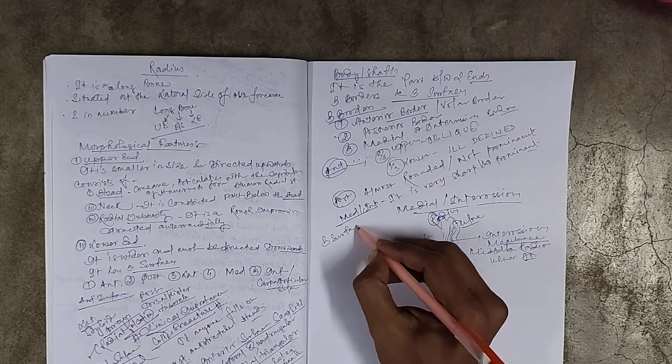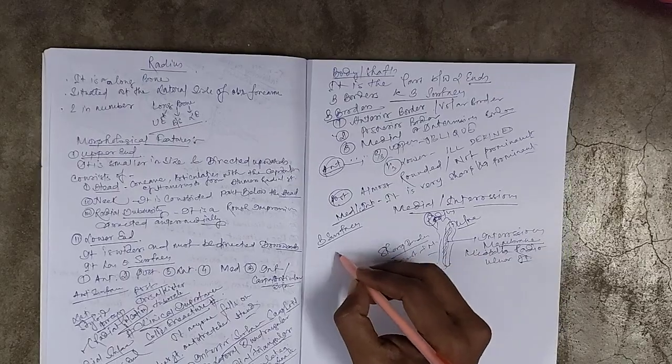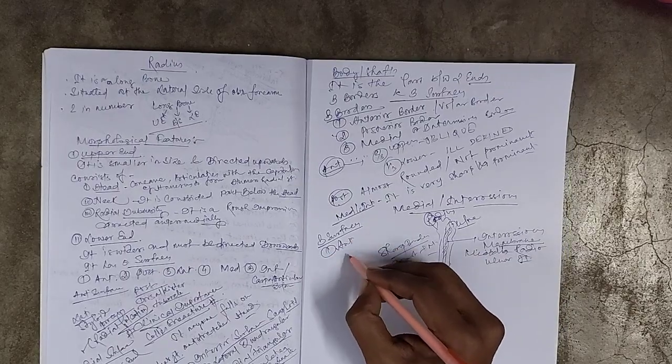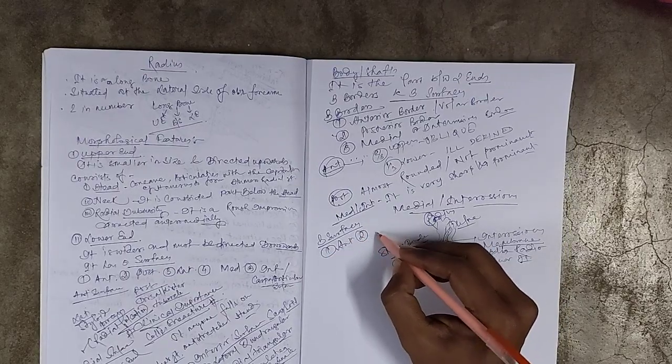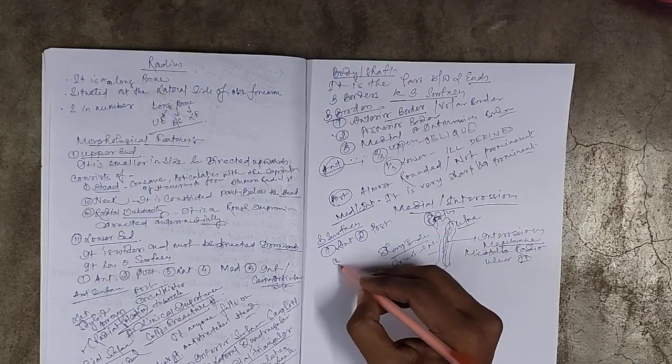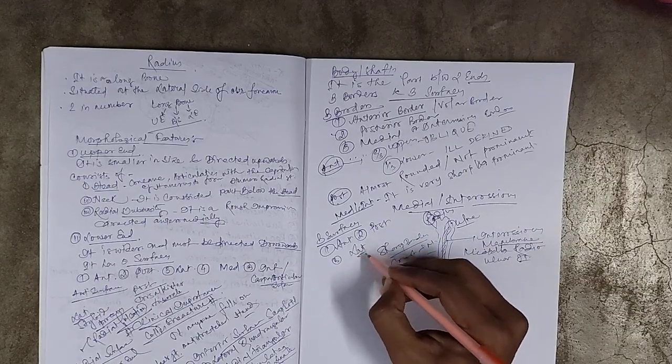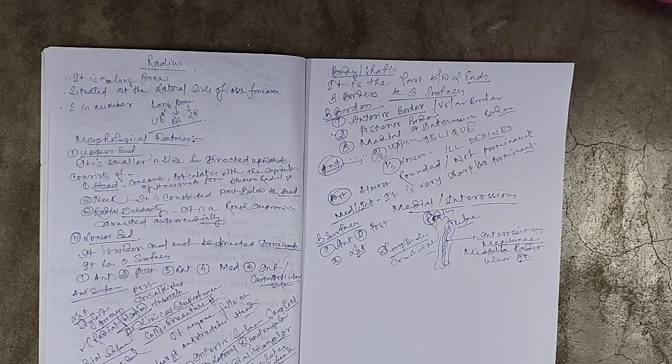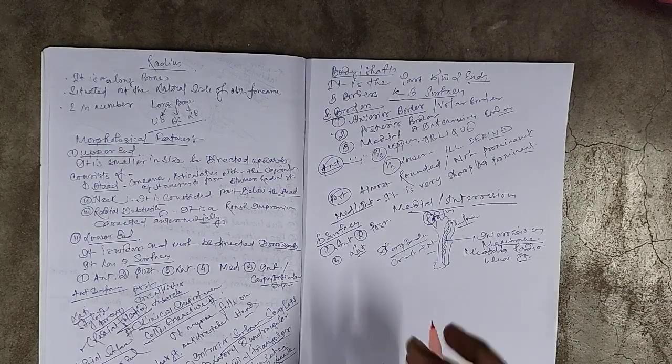Three surfaces. One is anterior surface, number two is posterior surface, and number three is lateral surface. In case of anterior surface, it lies in between anterior and medial border.